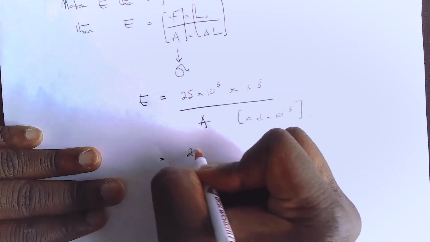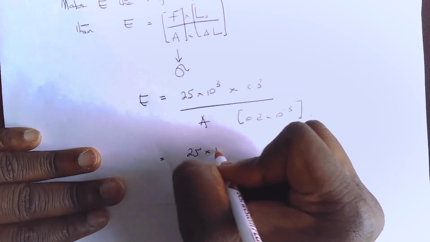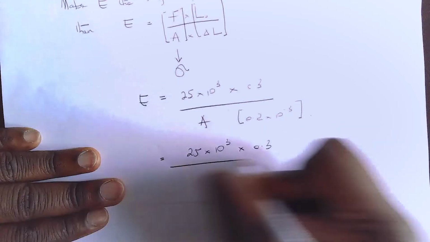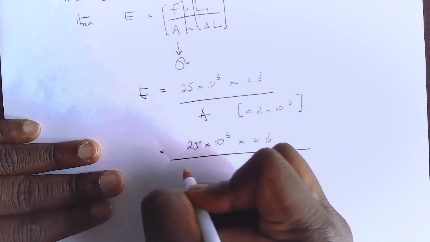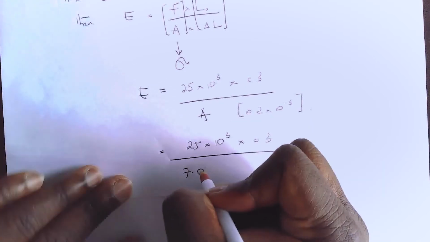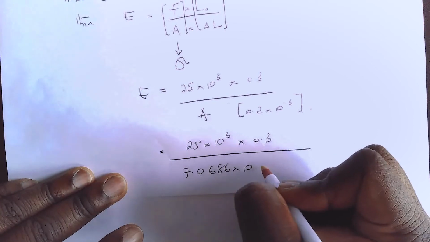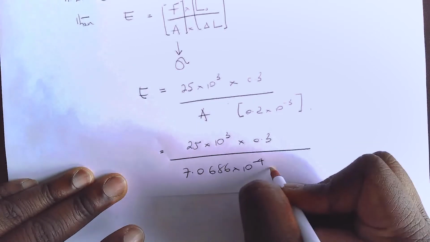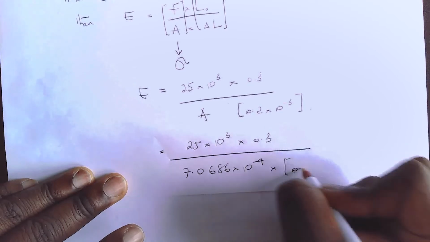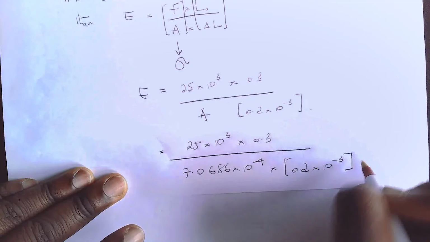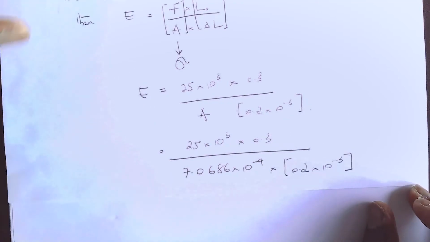So we've got 25 times 10 to the 3 times 0.3 all over 7.0686 times 10 to the power minus 4 times into bracket 0.2 times 10 to the power minus 3. And there we have it. We can now do the needed computation.